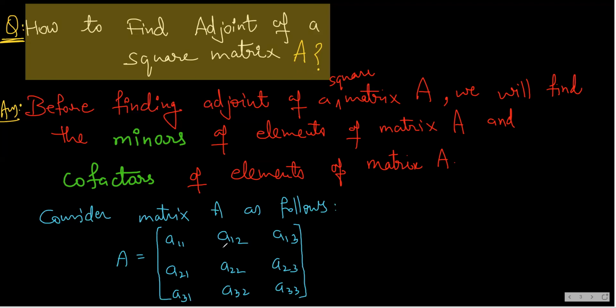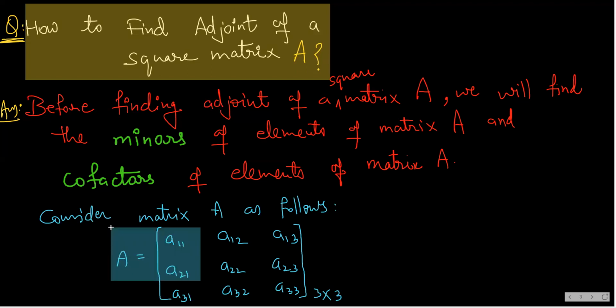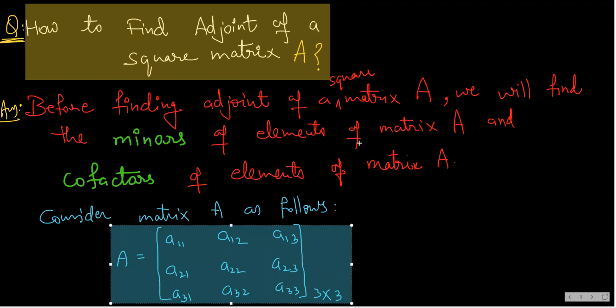So we have this matrix which has 9 elements, and I want to find the adjoint of matrix A. Remember, as earlier we defined, adjoint of this matrix A will also be a matrix. It will also have 9 elements.